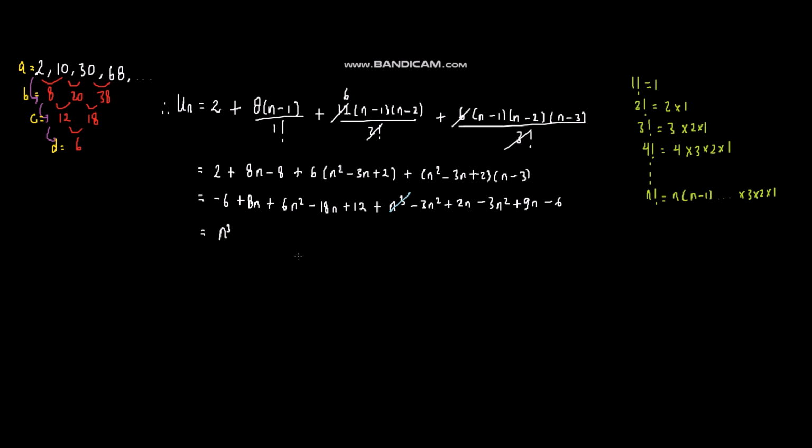Now n squared. 6n squared minus 3n squared is 3n squared. And minus 3n squared cancel. They cancel, so the n squared term is 0.